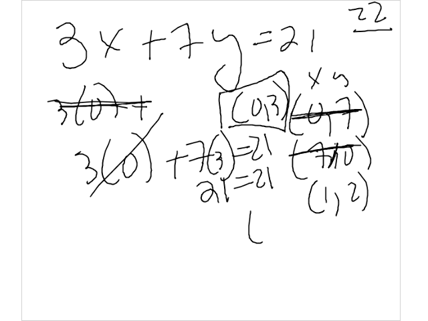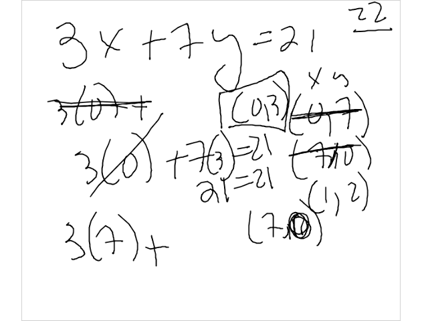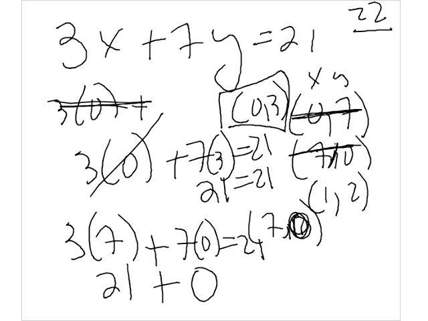I'll write it down below here. 7, 0, and see if it works. Does 3 times 7 plus 7 times 0 equal 21? Okay, so 3 times 7 is 21, and 7 times 0 is 0, and 21 and 0 is indeed 21. So far we've got the point 0, 3 and 7, 0 both working.